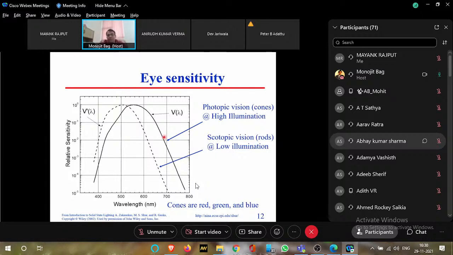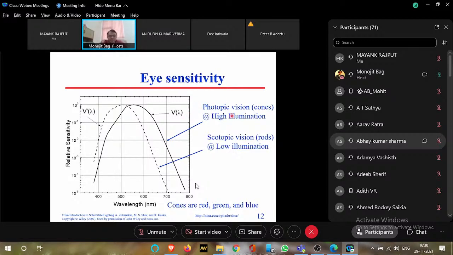There are two types of photosensitive cells, which are known as rod cells and cone cells. Cone cells are sensitive to colors, which is photopic vision. Normally at high intensity, cone cells are active and you do see different colors.